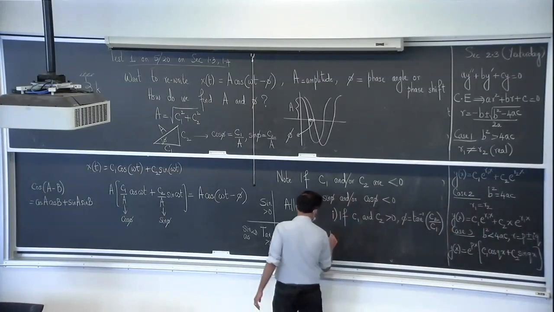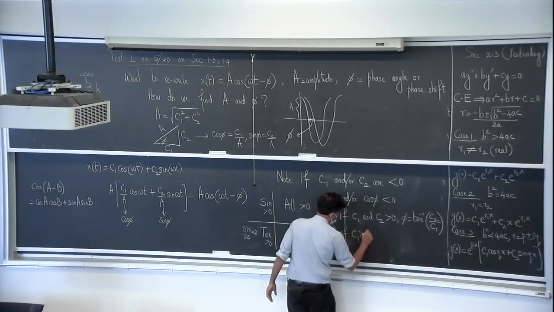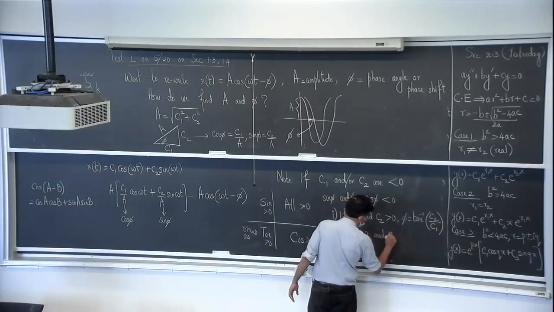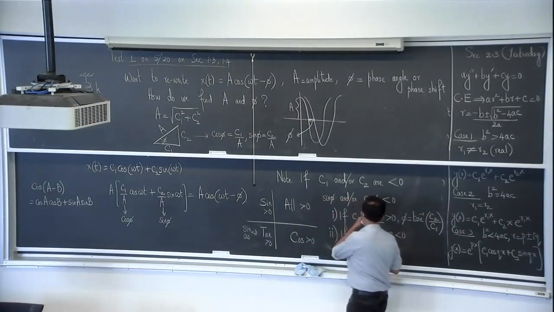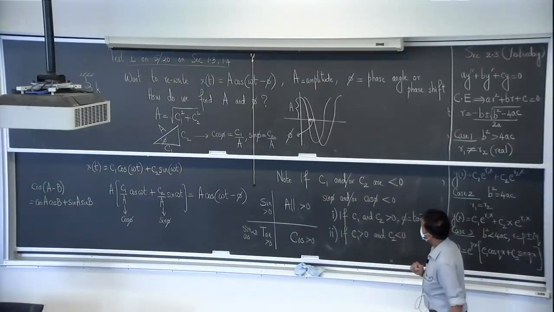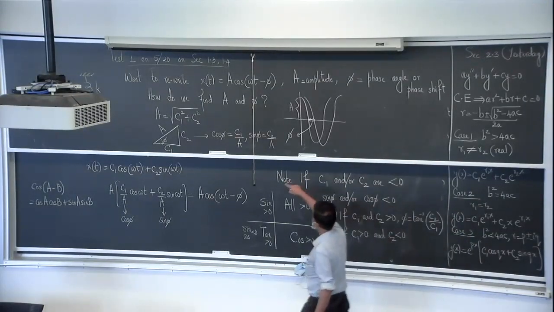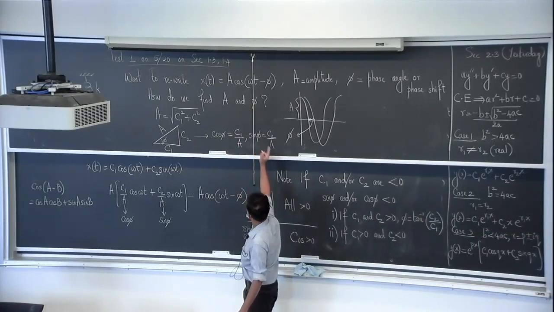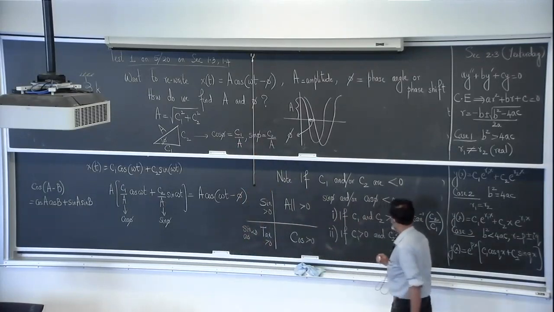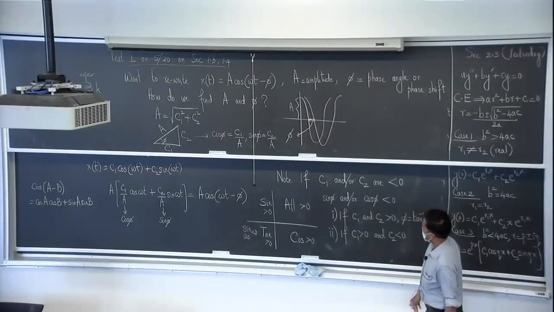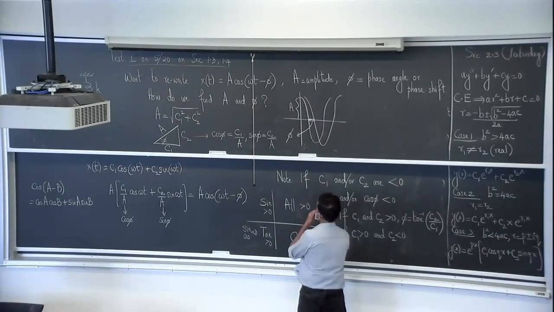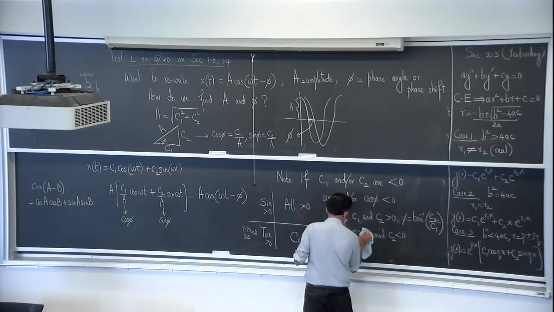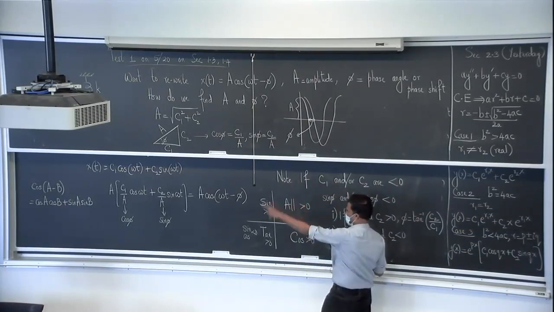So case 2, if C1 is positive and C2 is negative. Well, what does that mean? If C1 is positive, that means cosine is positive and sine is negative. I think I should have started with the other case where C1 is negative and C2 is positive, so that I go in that order.